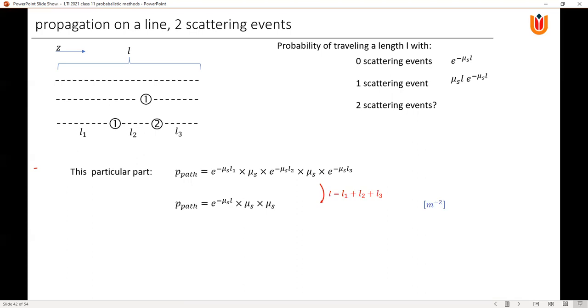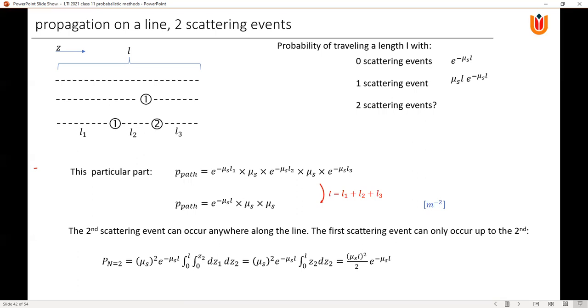So you would get this. The path probability would be exponential of minus μs times the length, and then a prefactor of μs squared.